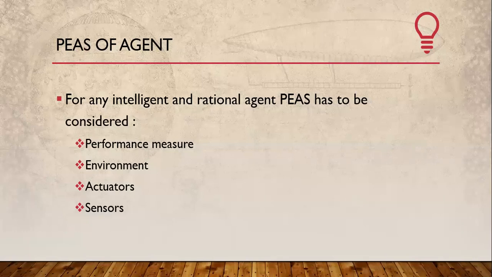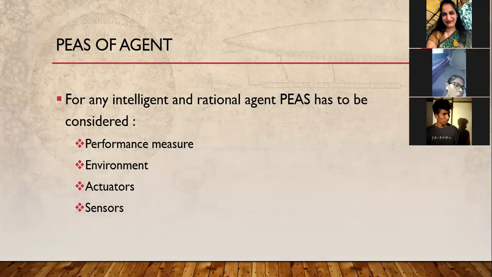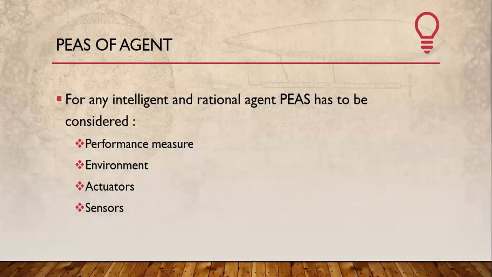PEAS stands for performance measure, environment, actuators and sensors. What is the performance measure of the agent? For what purpose have you developed the agent, and whether the agent is working according to that purpose or not. That is the main thing we are trying to say here.